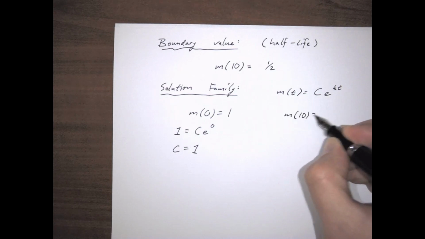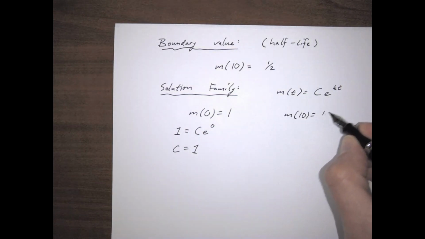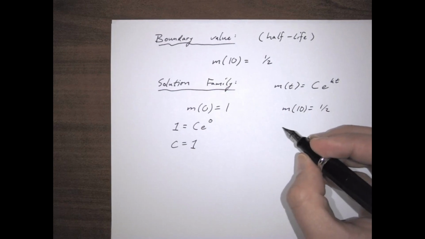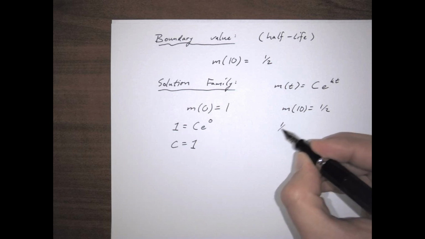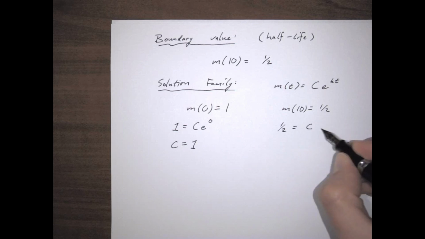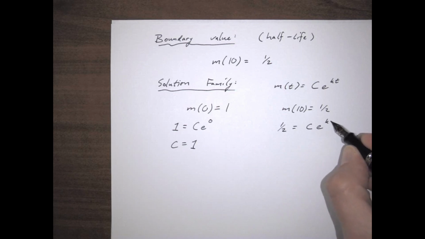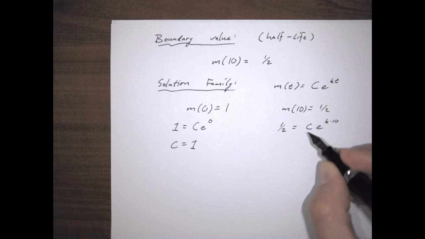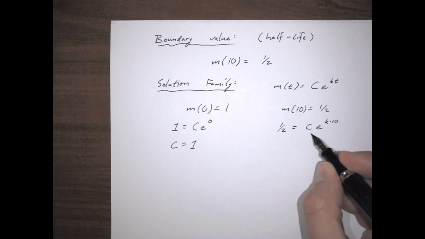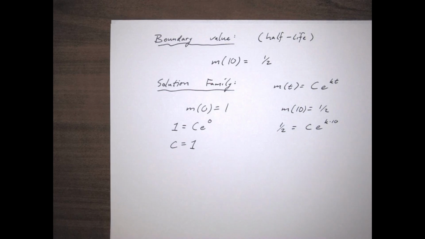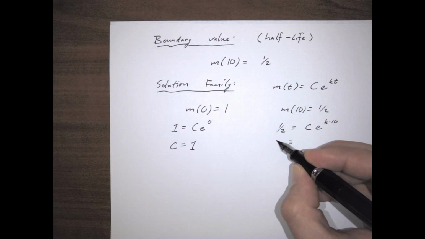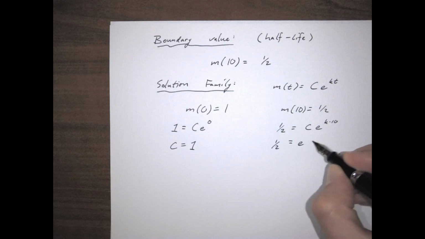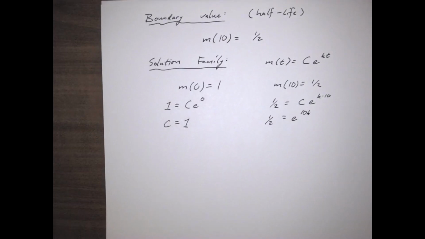m of 10 equals 1/2, which means that 1/2 is equal to c e to the k times 10. Now, c is already solved for, so this is just equal to 1. So I'll just rewrite it as 10k.